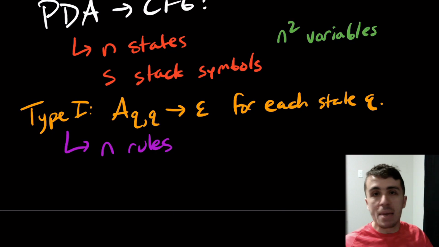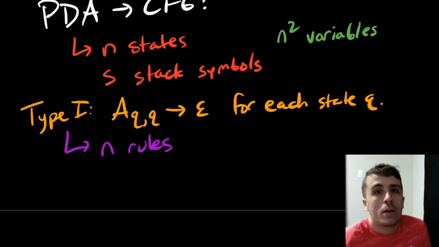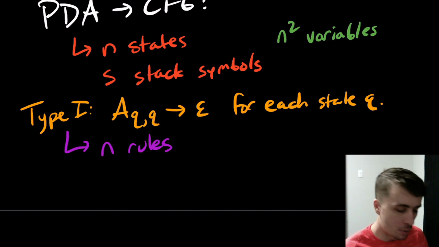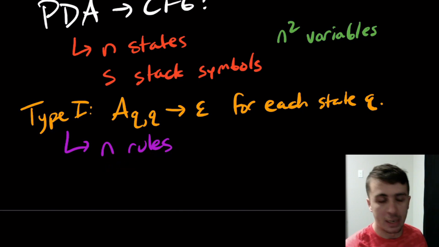Some of them may be totally useless, like if one state can't reach the other, but in general it could theoretically be that one state can reach another, so I can't discount any of the variables. But yes, we're always going to generate these n rules.